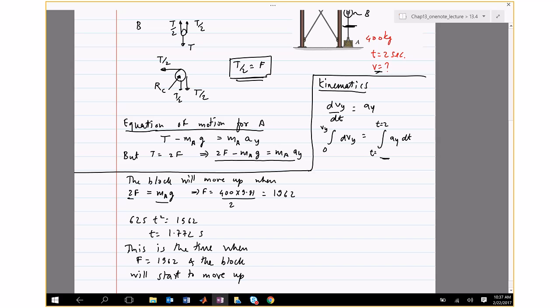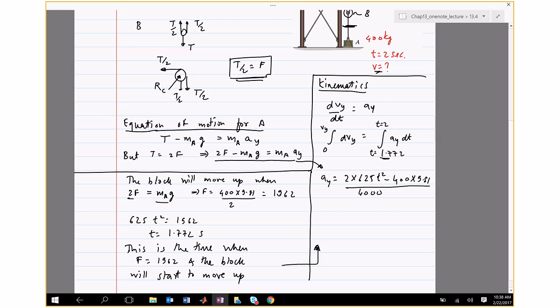Okay, so what I need to do here is put 1.772. Okay, so the acceleration y comes from this formula here. It is 2 times 625 t squared minus mass, 400 times 9.81, divided by 400.